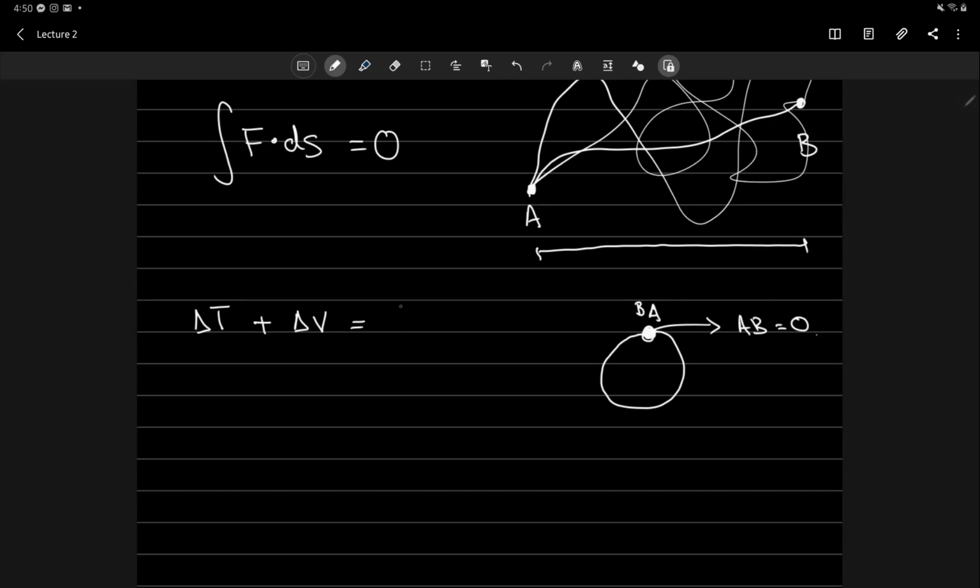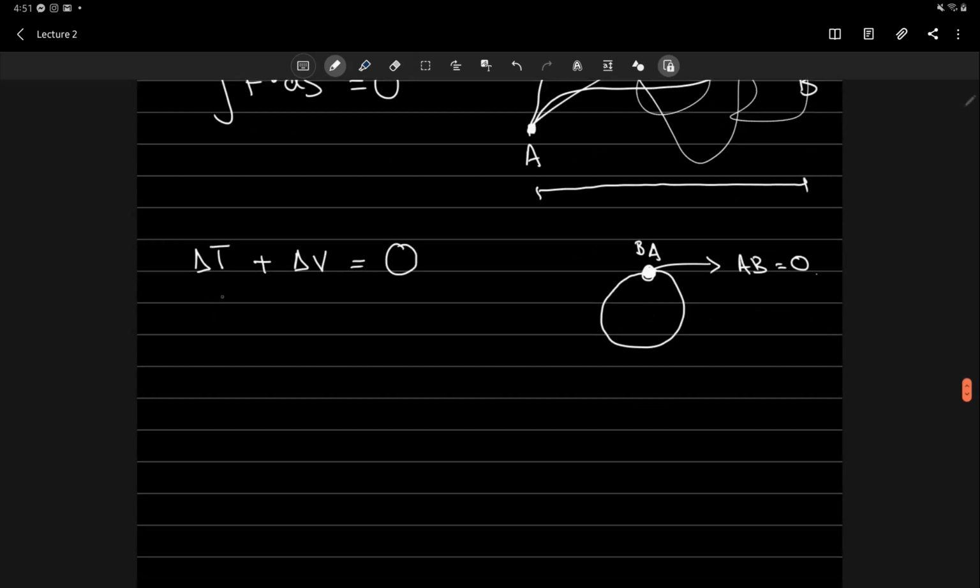It should be equal to 0, right? Because the total mechanical energy of the particle is a constant. The total mechanical energy 0 नहीं है, लेकिन जो change है वो 0 है, right? Yeah. Change in the mechanical energy is 0.